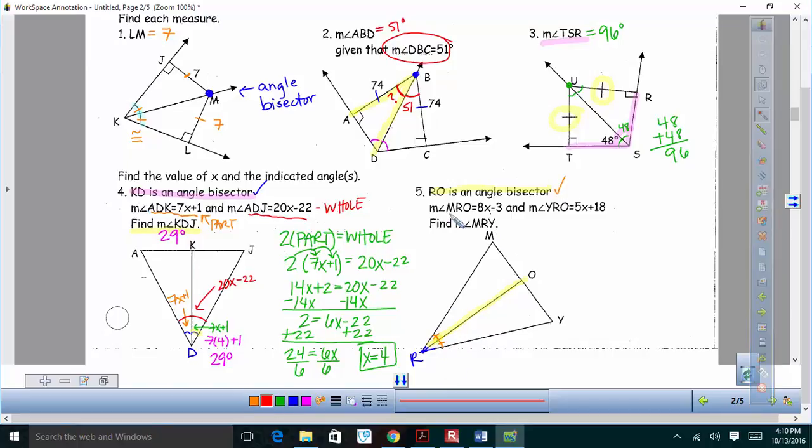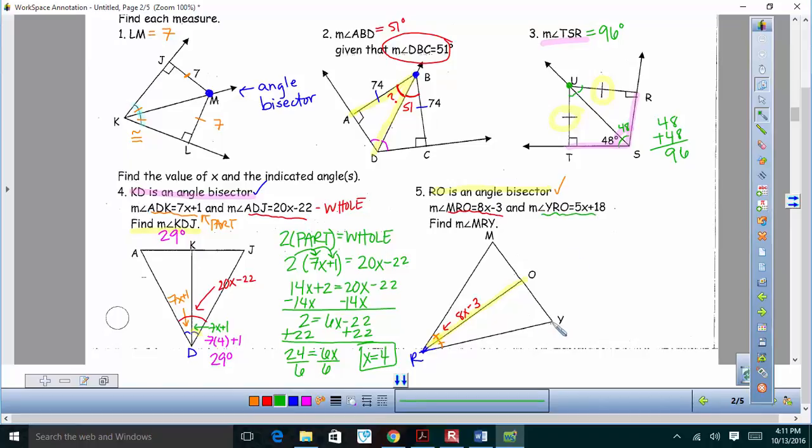Next, it tells me that MRO is 8x minus 3. So if I start at M, go to R, go to O, the angle between those two sides is this. So it's telling me that this is 8x minus 3. And then it tells me YRO.